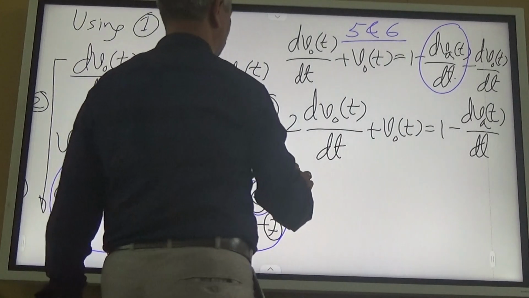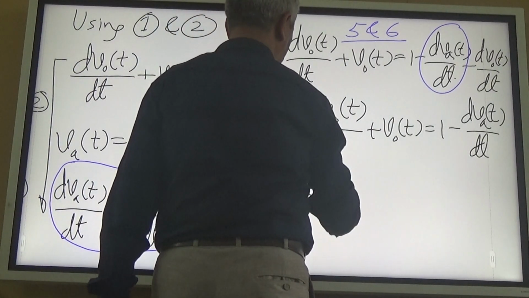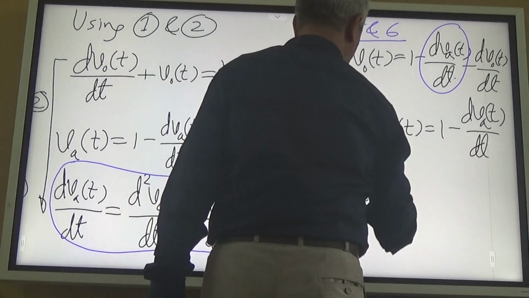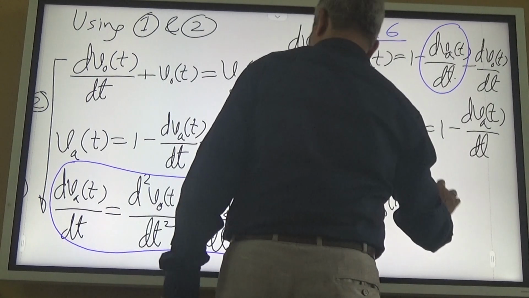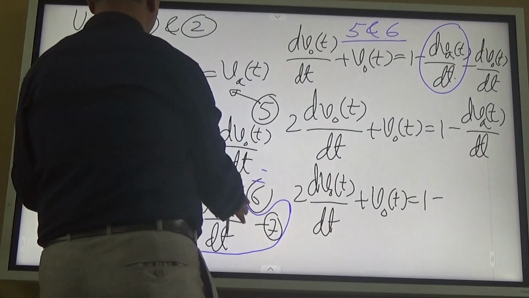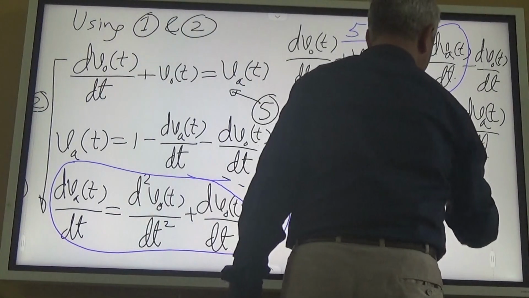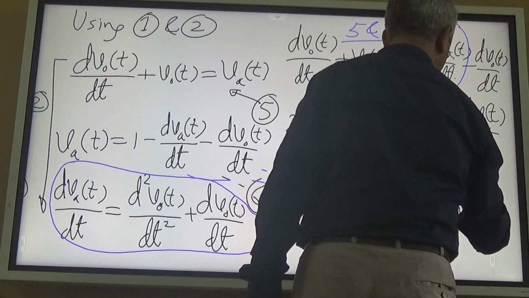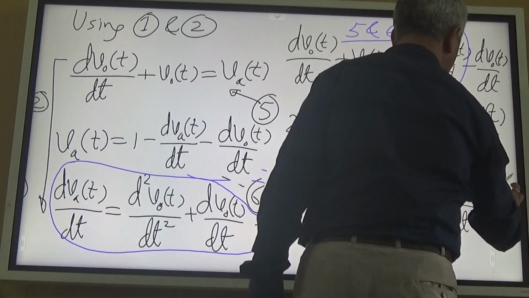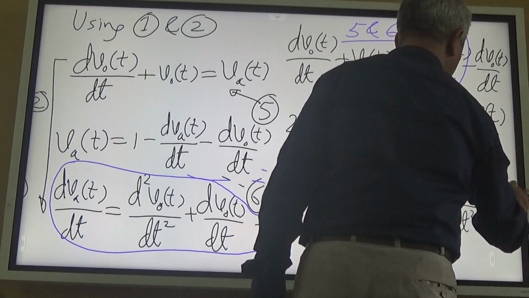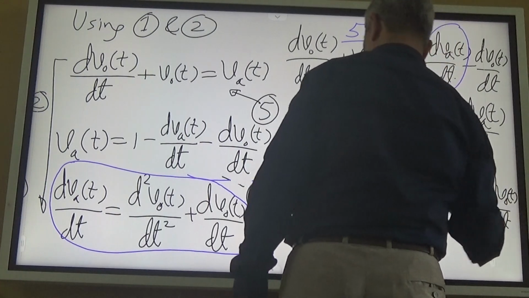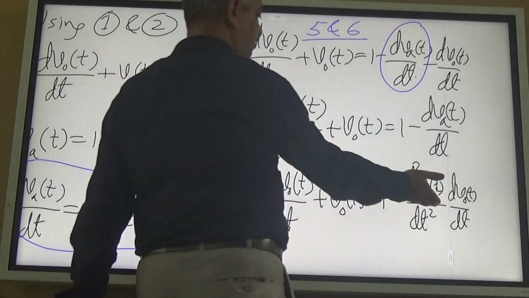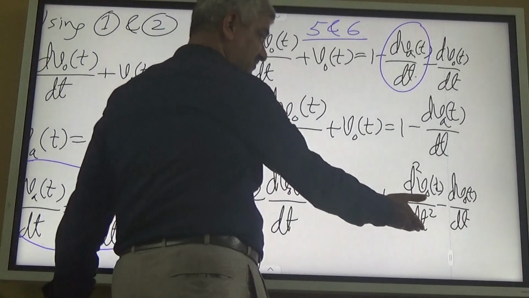Is it okay? So 2 dVOT upon dt plus VOT is equal to 1 minus the entire, that is 1 minus d2VOT upon dt square minus dVOT by dt. Is it right? So both of these terms come on the left hand side. This comes as plus, this comes as plus.